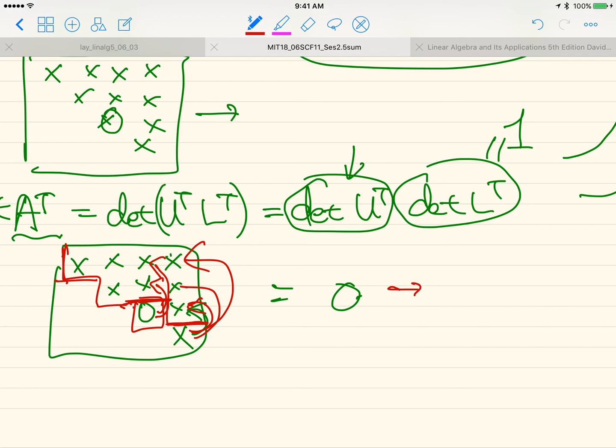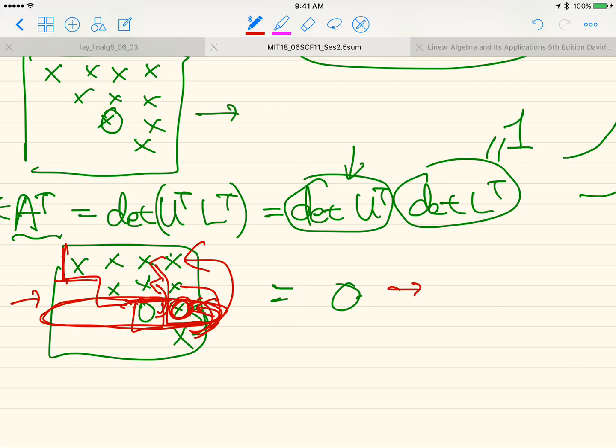Originally, if your matrix was something like this, you can still create this entry as 0, and then we will obtain all 0 rows in the corresponding row.